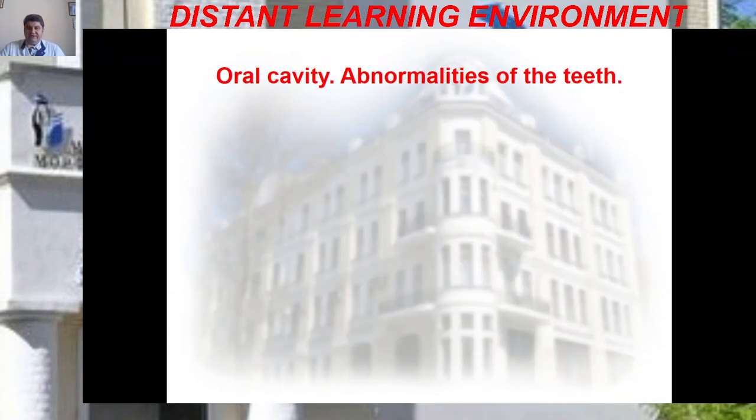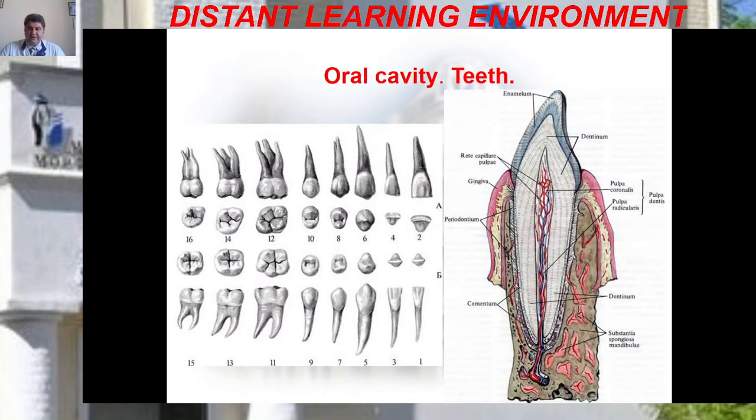Deciduous teeth are situated in child, and permanent teeth are situated since 6-7 years old in children and also in adult body. You can see 3 main parts of teeth: crown, neck, and root.